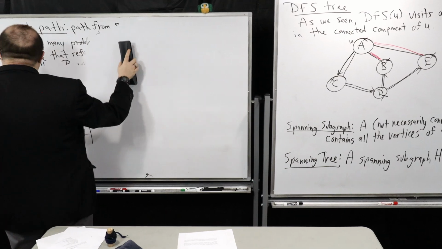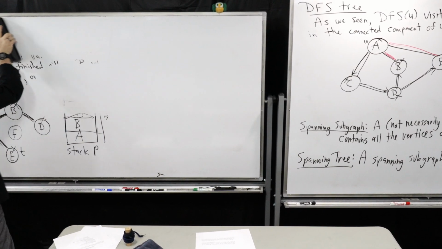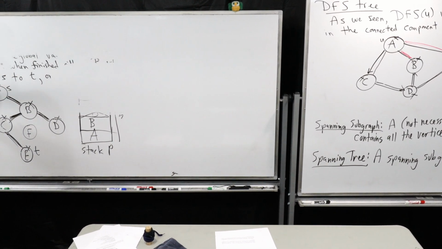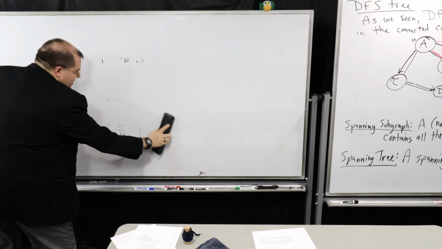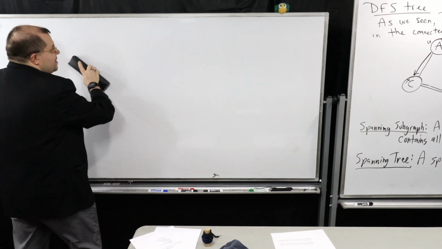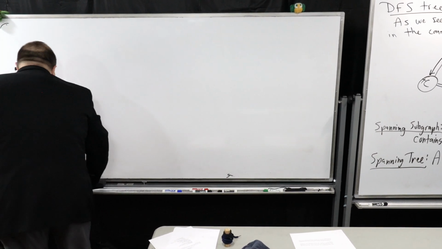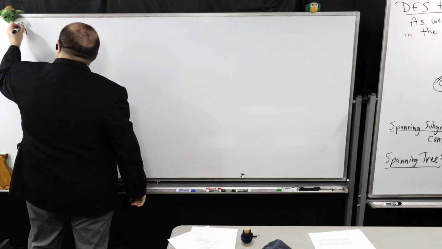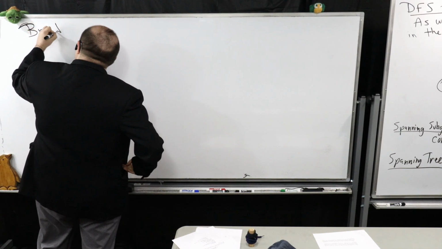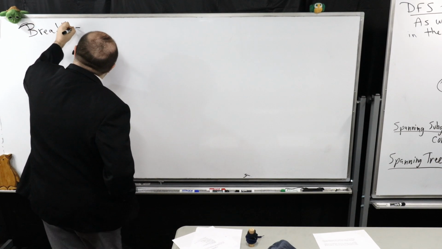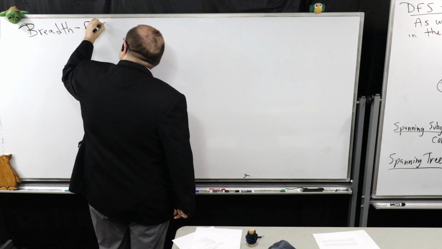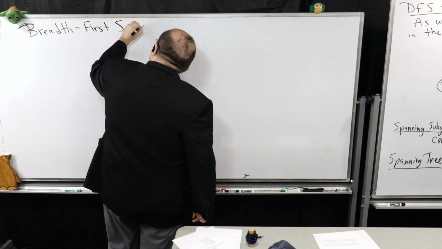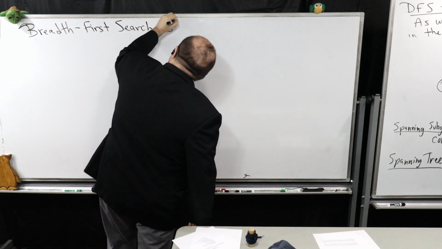Maybe not with the same kind of story, but most certainly a concept that will be fun. So let's talk about breadth first search. Often I'll abbreviate breadth first search as BFS.